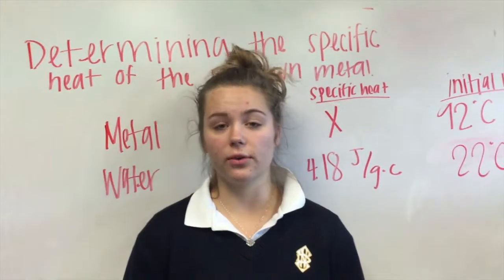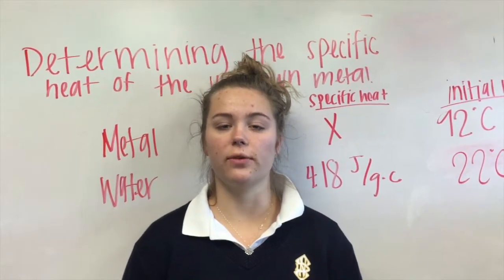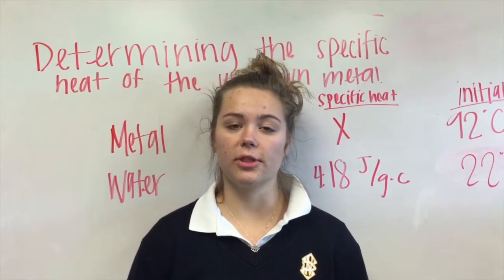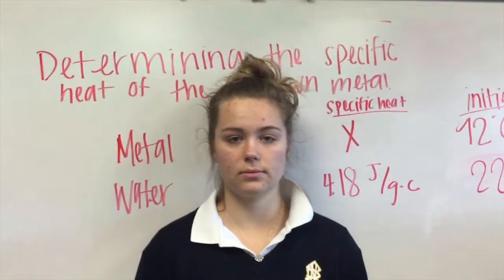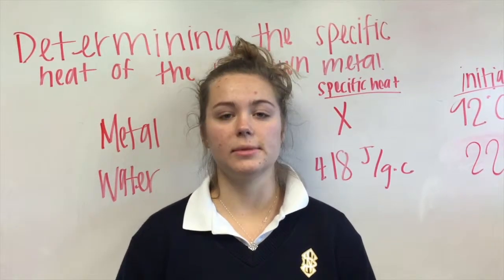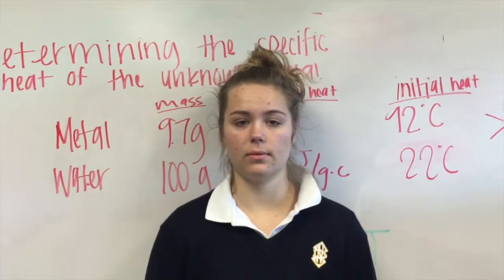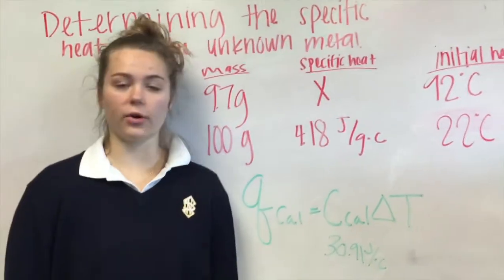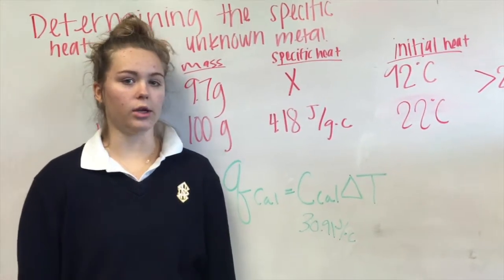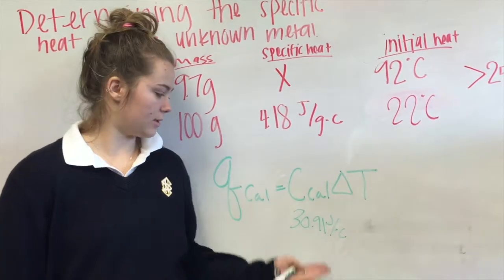In order to find the Q of the metal, you need to determine the Q of the calorimeter and the Q of the water. So now we will determine the Q of the calorimeter. The Q of the calorimeter equals C cal times delta T. In the previous lab, we determined the C cal to be 30.91 joules per degree Celsius.